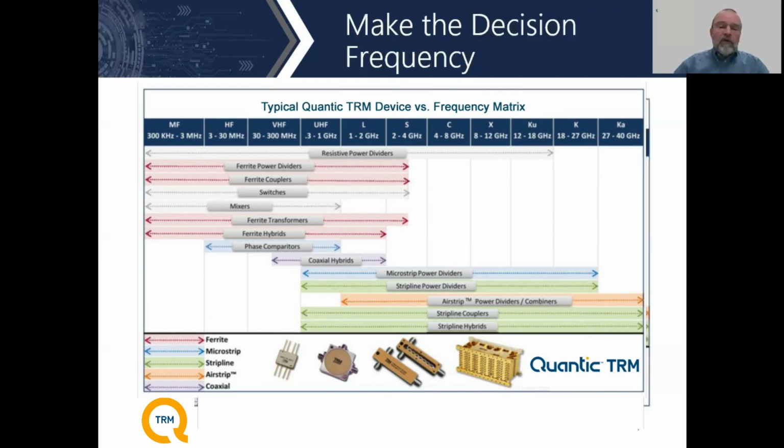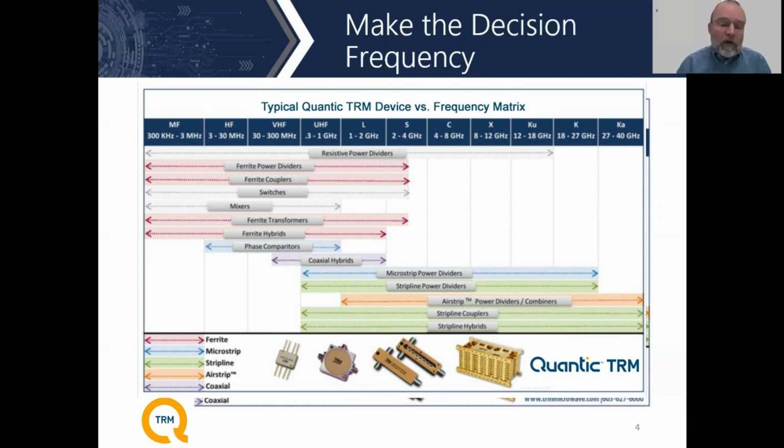So the first thing we start looking at here is the frequency. The frequency of operation will determine, to a large extent, or limit the sort of construction techniques that we're going to work with.